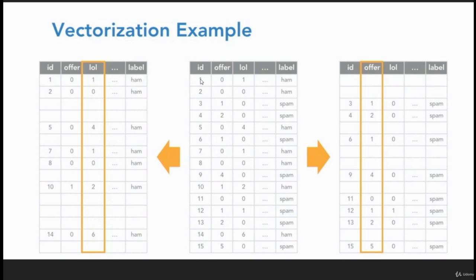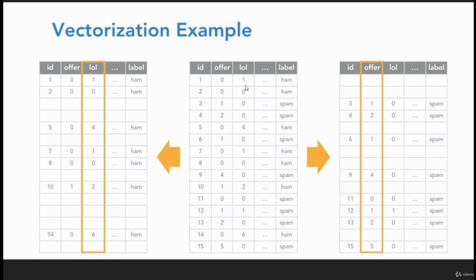Each sentence in our data set will be one row, and the number of occurrences of each word will be displayed here. For example, let's consider that in our first sentence there is no occurrence of offer, but there is one occurrence of loan. The dots represent that there can be many such words. I am just giving you one example.